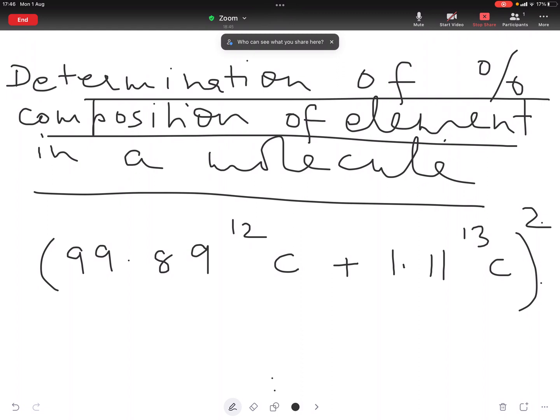So this is how we use the binomial expression in mass spectrometry to determine percentage composition of elements in a molecule.